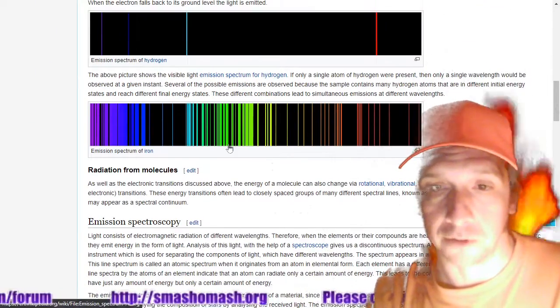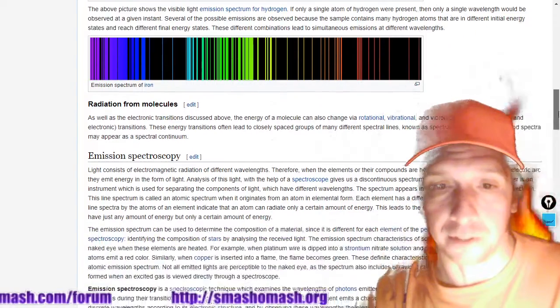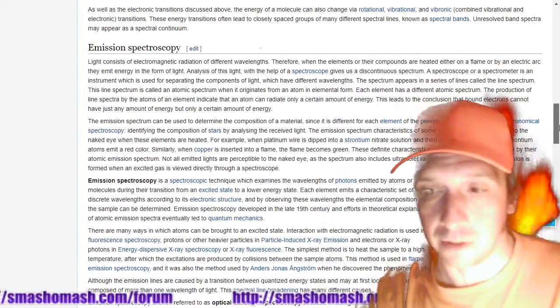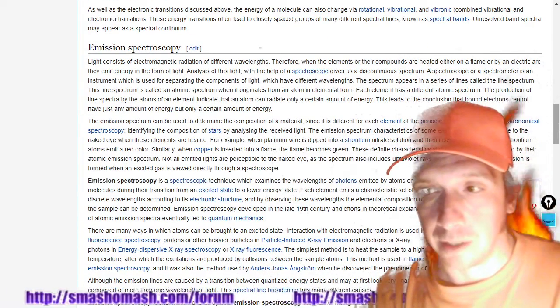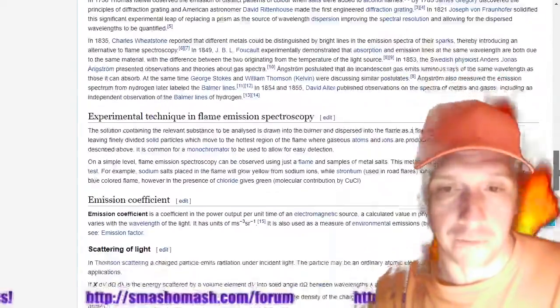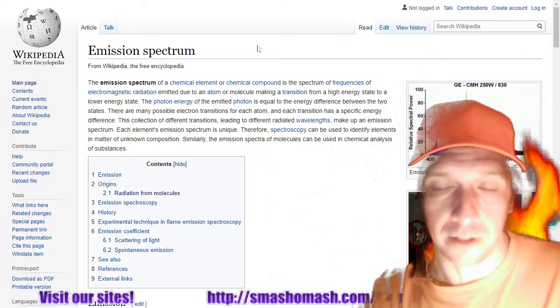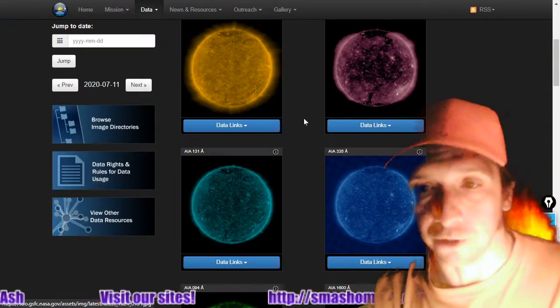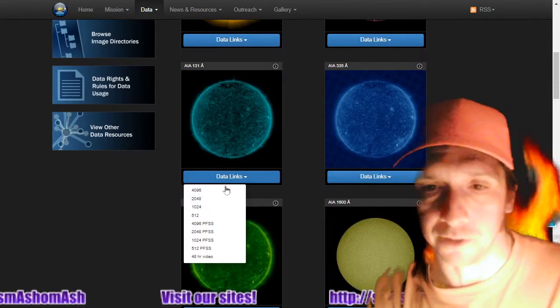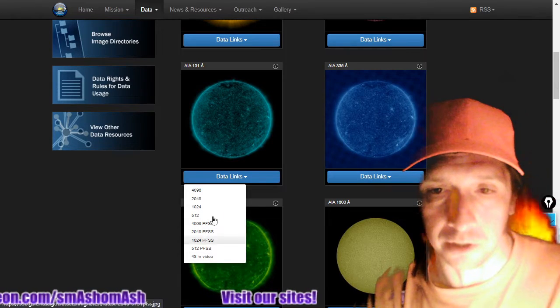Different molecules and different atoms tend to emit certain frequencies, and that's what we're looking at when we look at the sun and all of these different numbers of angstroms. For instance, this is a different iron spectra.